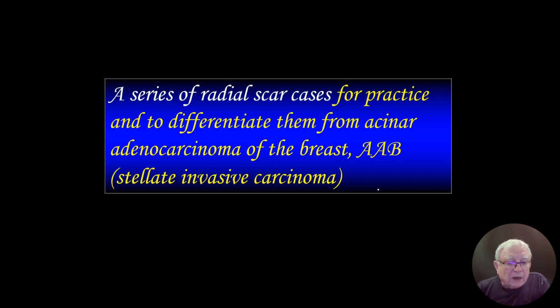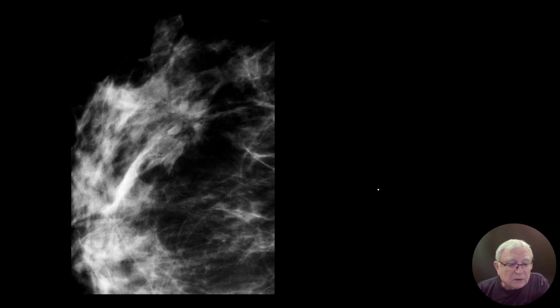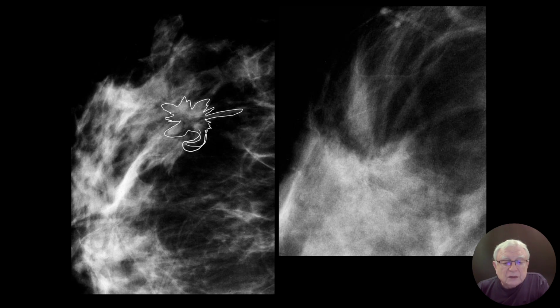Series of radial scars for practice and trying to differentiate from DAB, stellate invasive carcinoma. Clean your glasses. It's going to be difficult to find. Here it is. But when you find it, you say, well, this is thick and it's long, so it's drooping. Here it is. The radiating structure is this big.